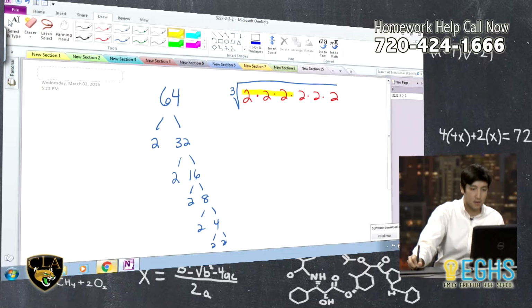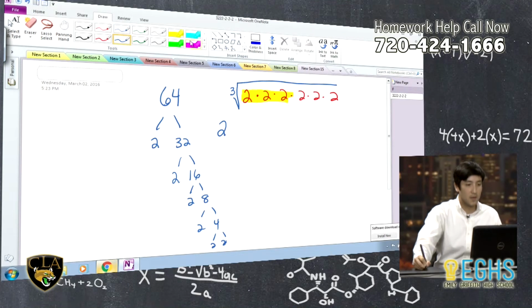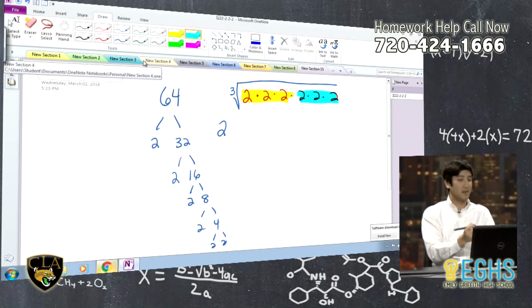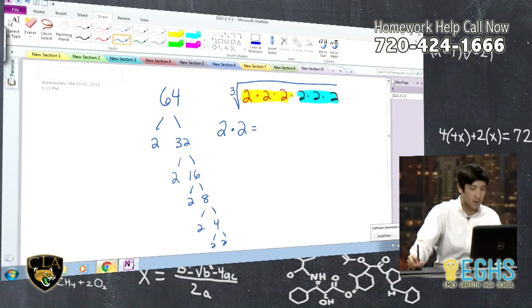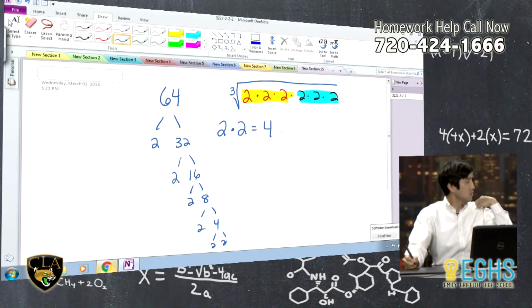So I've got one group of 3, and you could say the cube root of 2 times 2 times 2 is going to be 2. And then you can pull out this other group of 3, and you could say 2 times 2 times 2, or you could break that down and say, okay, I know the cube root of 8 is 2, and then times 2 again. And then you're left with nothing on the inside, so you would get 4.